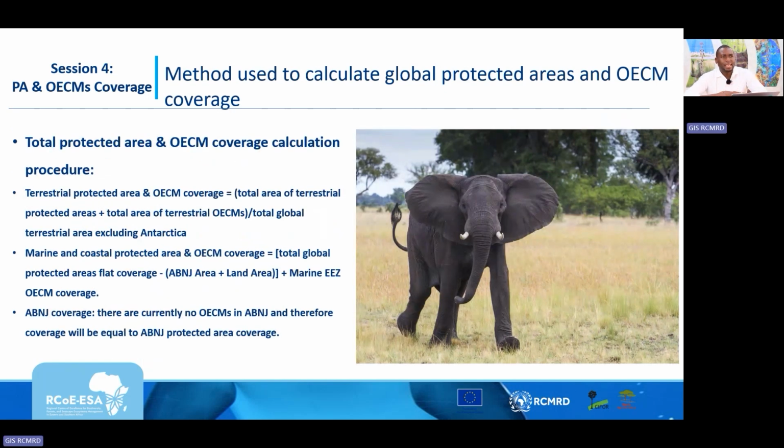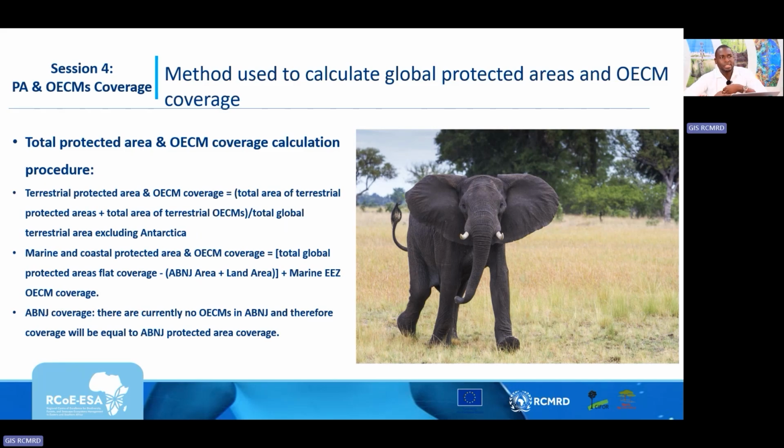The total protected area and OECM coverage calculation procedure includes the following. The terrestrial protected area and OECM coverage is the total area of terrestrial protected areas plus the total area of the terrestrial OECMs divided by the total global terrestrial area excluding Antarctica.